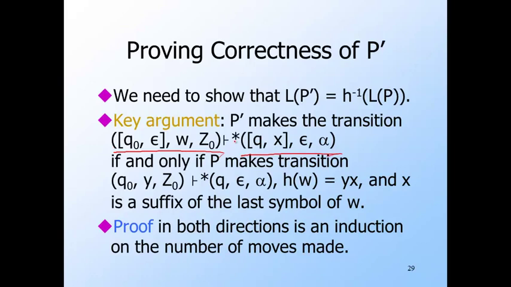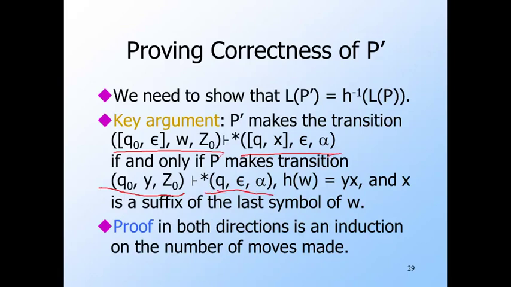if and only if, first of all, P goes from its initial ID with input y to an ID that has state q, input y consumed, and alpha on its stack.